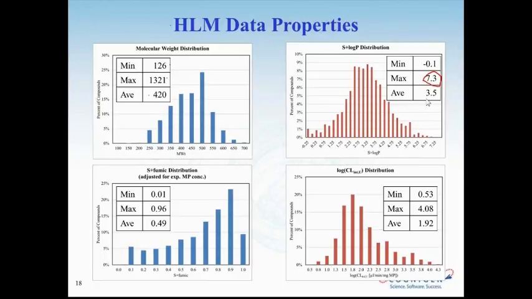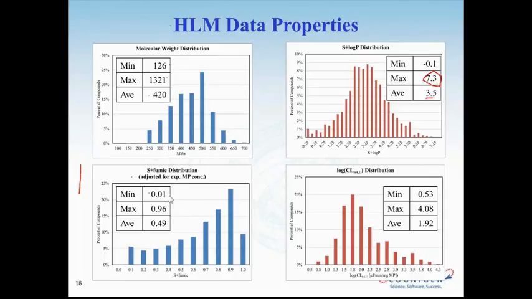And then an average predicted logP of 3.5. Then in the lower left-hand corner is the S+Fumic distribution, and this has been adjusted for the experimental microsomal concentration. So the minimum is 0.01. And I neglected to mention that for our model, we set a lower cap value, which is also a new feature in ADMET Predictor 7.2, to 0.011 for the model.